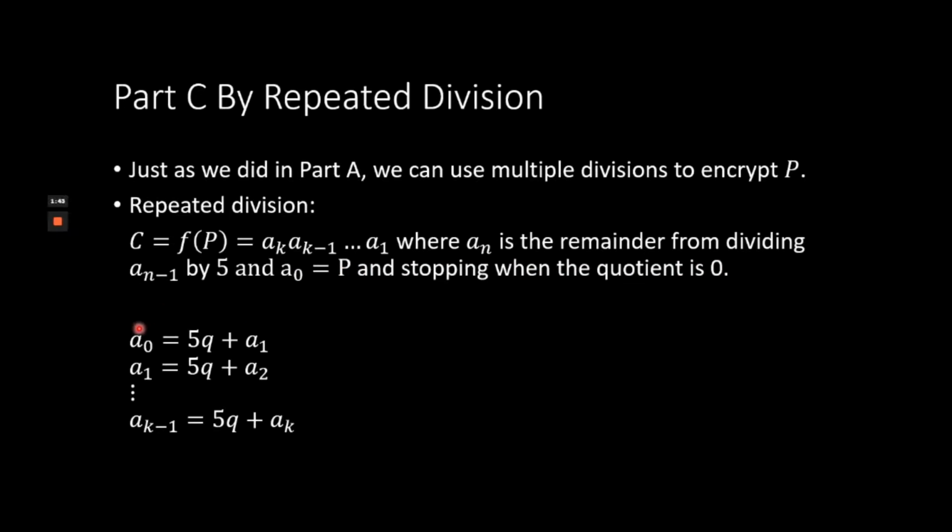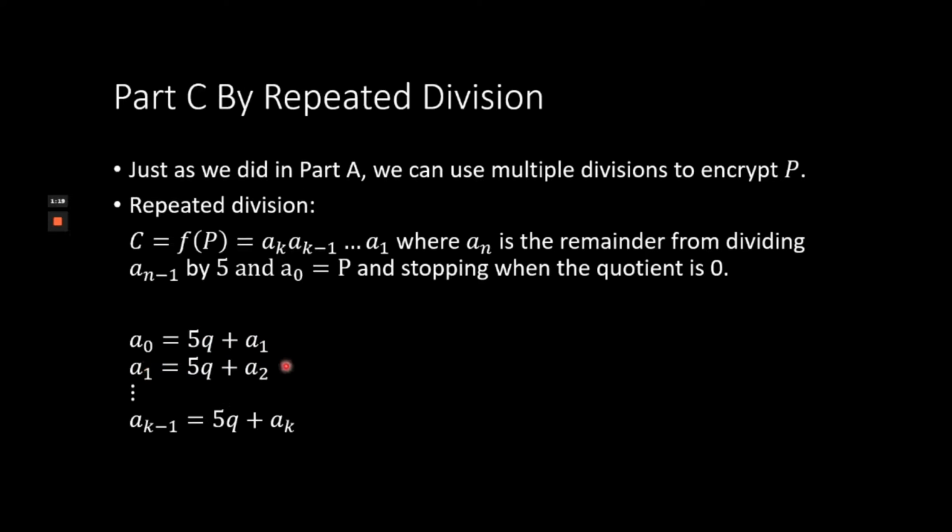So what does this look like? Well, we're going to start with a_0, which we know is p, so p is equal to 5q plus a_1. We're going to take this, solve for a_1 and q, and take note of both of them.